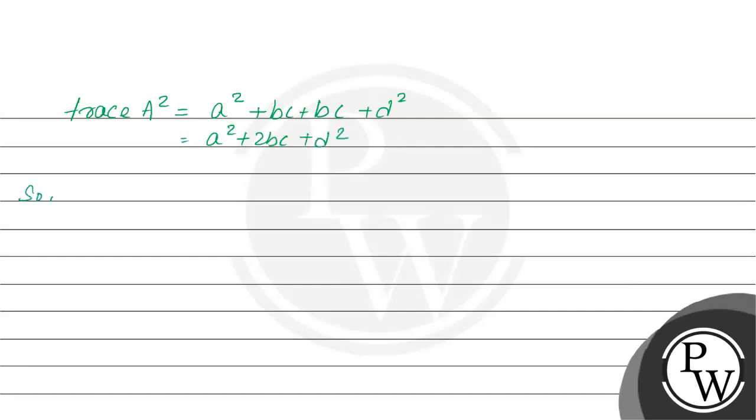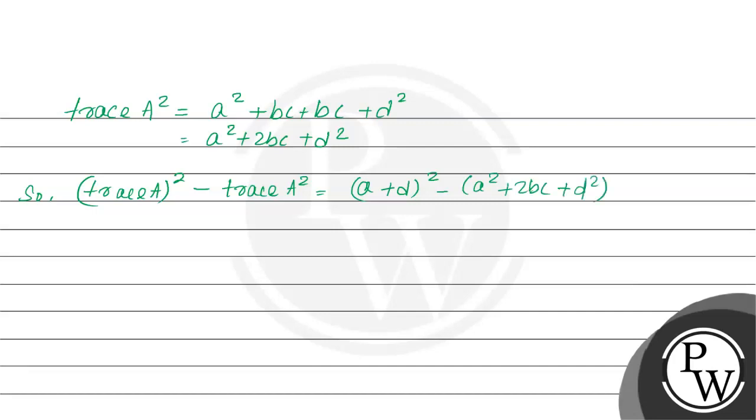So trace A whole square minus trace A square will be equal to (a plus d) whole square minus (a square plus 2bc plus d square).